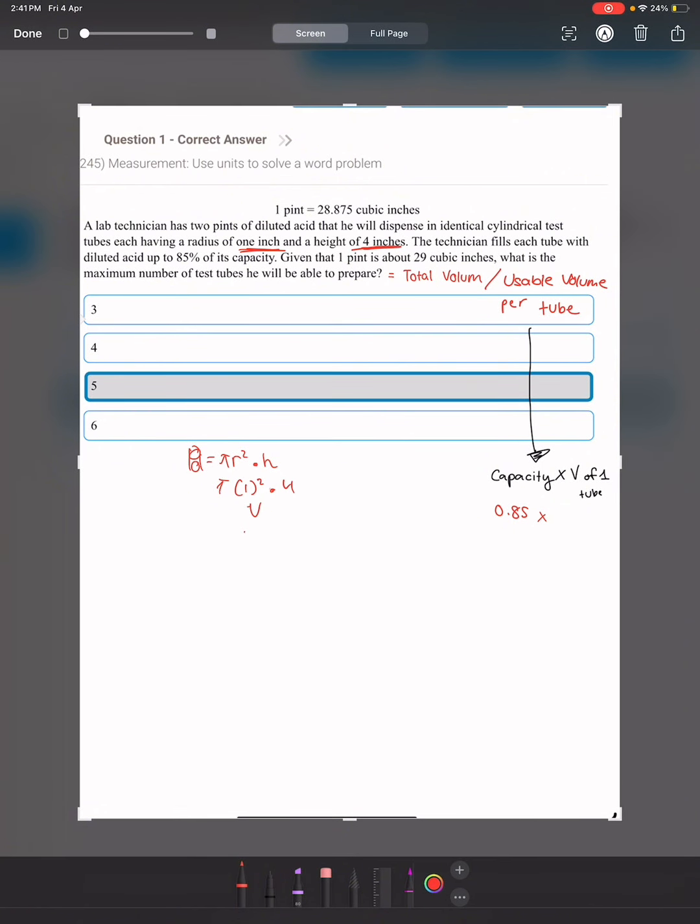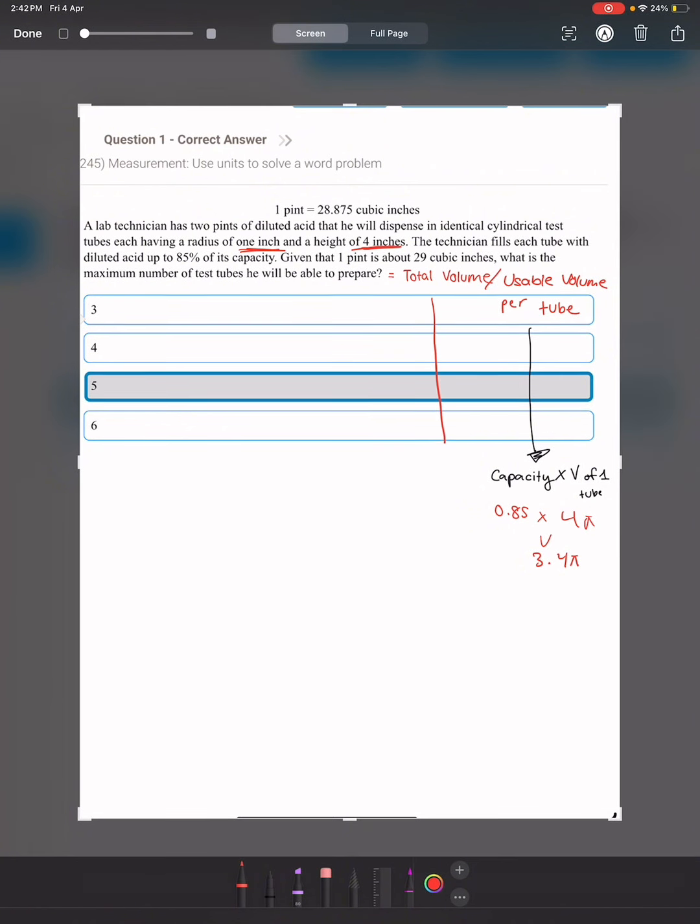This is equivalent to 4 pi. So there, we got it. 4 pi. Multiply 0.85 by 4, you get 3.4 pi. Now we can find the total volume.